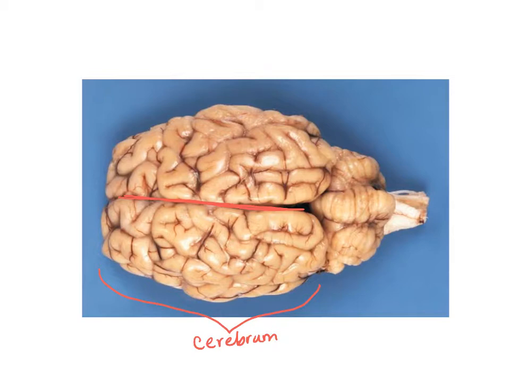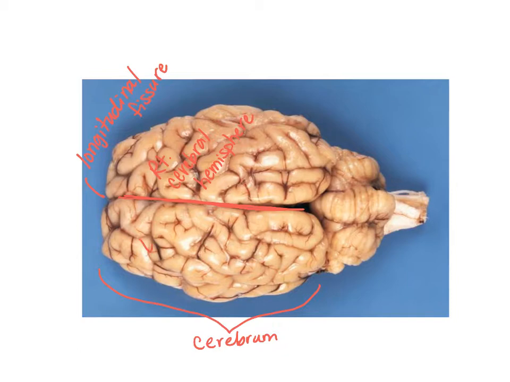That long ravine is called the longitudinal fissure. And each half of the cerebrum is called a cerebral hemisphere. So there is the right cerebral hemisphere, and the left cerebral hemisphere.